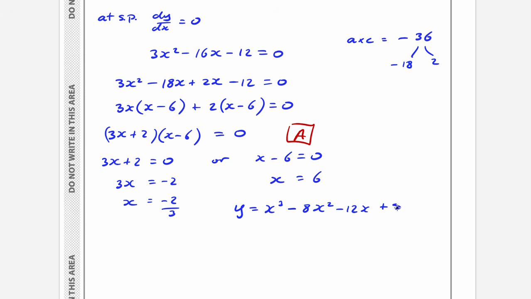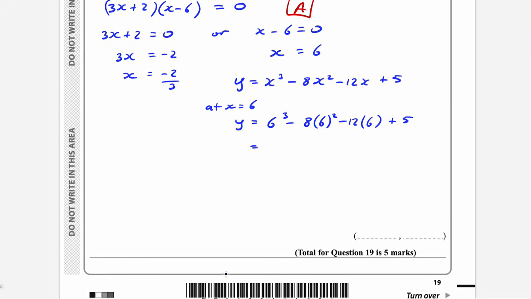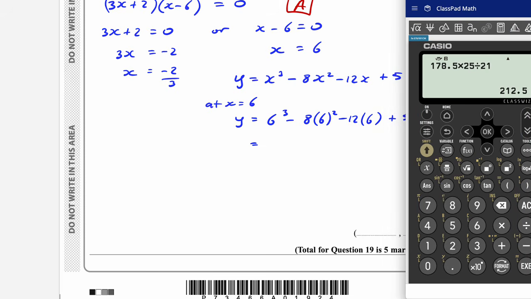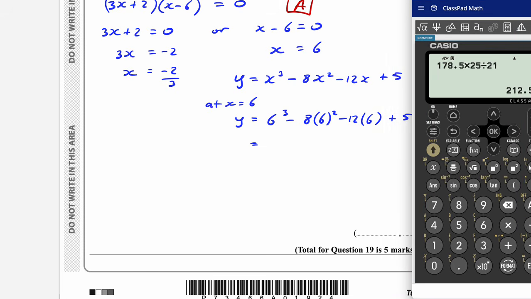So at x equals 6, y is equal to 6 cubed minus 8 times 6 squared minus 12 times 6 plus 5. Guys, I do not have the strength to do that in my head, so here we go. That's plus 5 at the end.